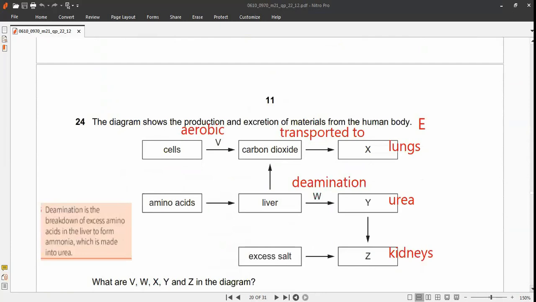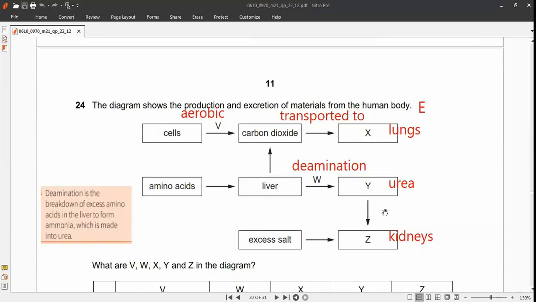The diagram shows the production and excretion of materials from the human body. Cells here produce carbon dioxide. This process is called aerobic respiration, which produces carbon dioxide and transports it to X, the organ called lungs, to excrete it. What about the liver?